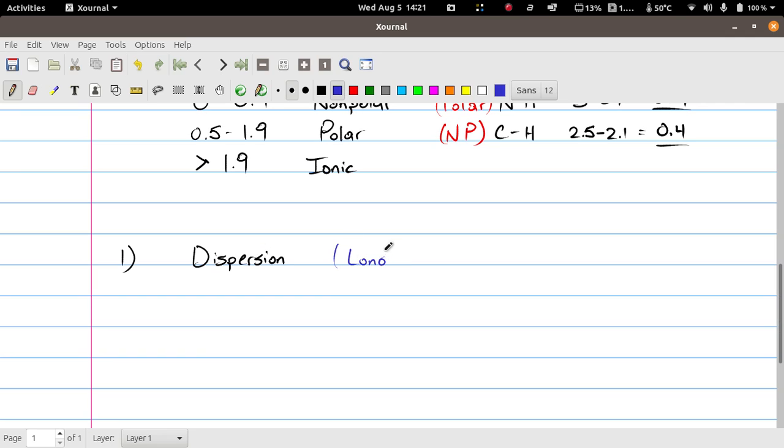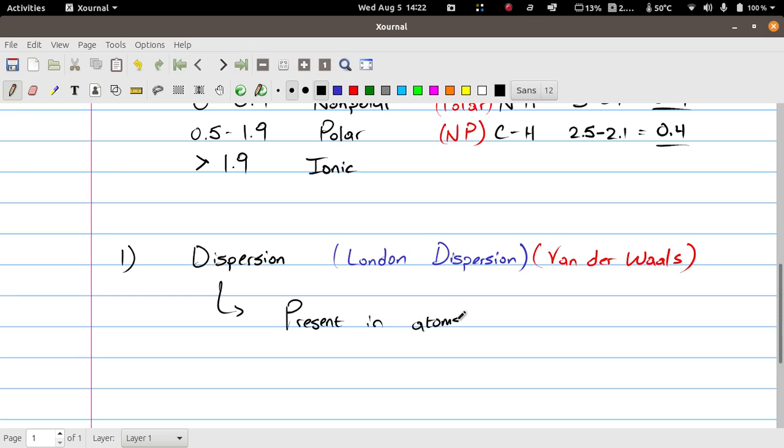We have London dispersion, and we have van der Waals force. Okay, so dispersion is present in all atoms and molecules. Without this, nothing would really exist.